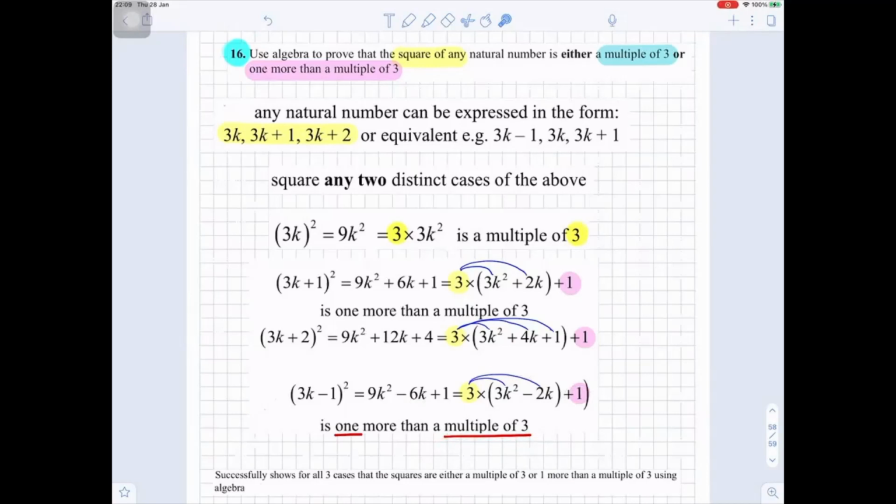So as long as you successfully show for all cases that the squares are either a multiple of 3 or 1 more than a multiple of 3 using algebra, you get your multiples of 3, and then you add 1. So that's 1 more than a multiple of 3.